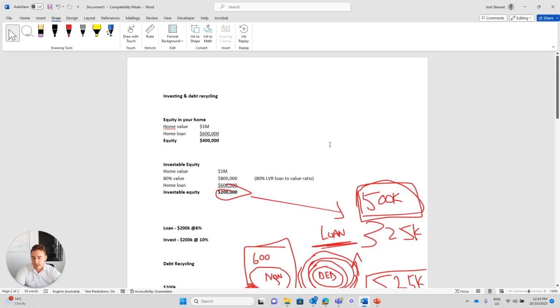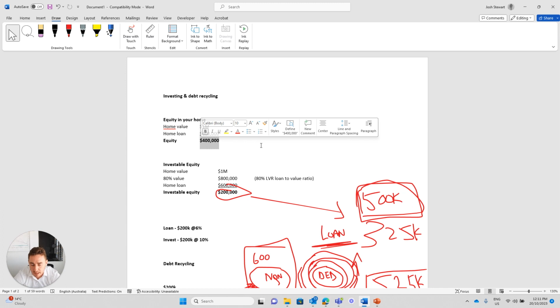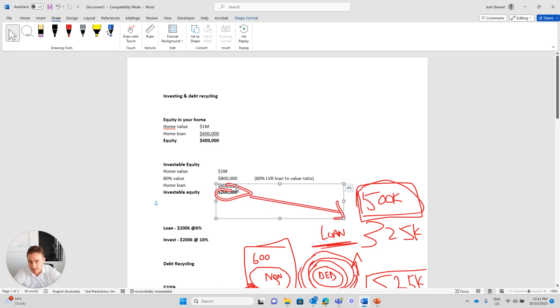Essentially, as I said, this equity would just be sitting in your house, not really doing anything, because your house, yes, it might be going up in value, but it's not producing you an income. We're seeking to take the investable equity out of that house and put it into another investment.